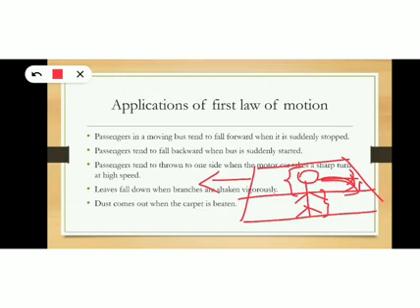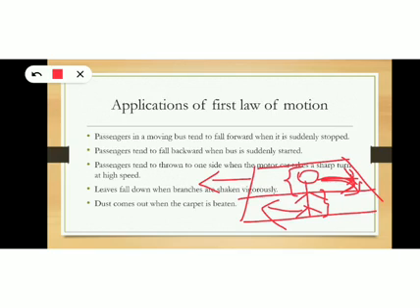So the lower part of the body will be in a state of motion, but the upper part continues to be in a state of rest. As a result, the lower part will move in this direction and the upper part will have a tendency to move backward. This happens when a bus is suddenly started. Not only a bus, when any vehicle is started, we encounter the same situation.